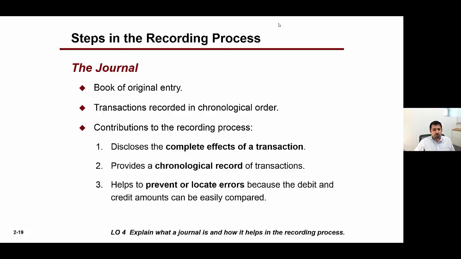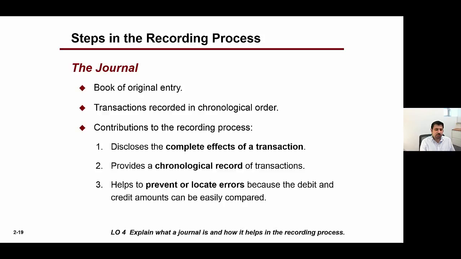Now, the use of a journal also helps in preventing, or at least identifying, errors whenever they occur, because it takes advantage of the fact that debits must always equal credits, so it's easy to compare the debits and the credits of the transaction. Here, it is important to say that the journal records the effect of the transaction on the accounts that are involved.